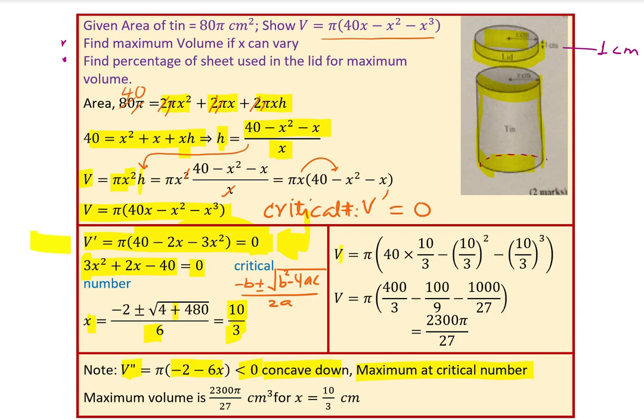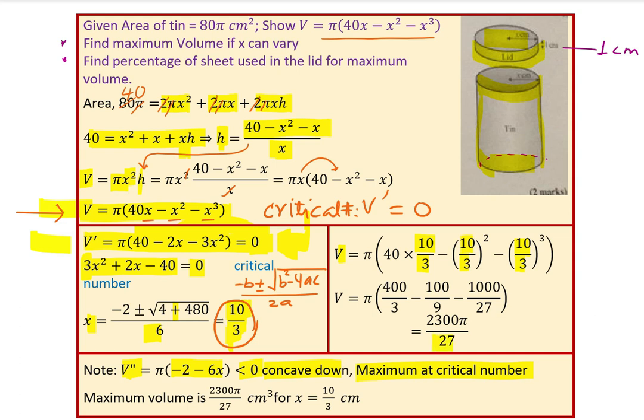So let's calculate the volume now, substituting x as 10 by 3 in the expression for volume, which is given right there. So we are substituting this value of 10 by 3 here for x, right? So once you do that, 10 by 3, and then x squared means 10 by 3 squared, cube is 10 by 3 cubed. And once you expand and simplify as shown here, 40 times 10 is 400 over 3, 10 squared is 100, 3 squared is 9, cube 1000 over 27.